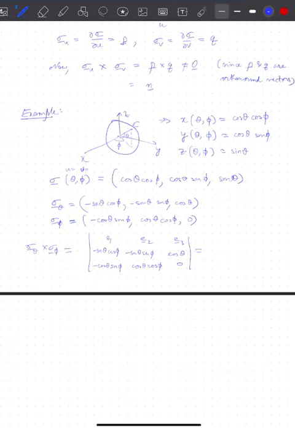So let's take the determinant to get the cross product. So we have E1, this minus this, so we have cos squared theta cos phi E1 vector, and plus minus cos squared theta sin phi E2.